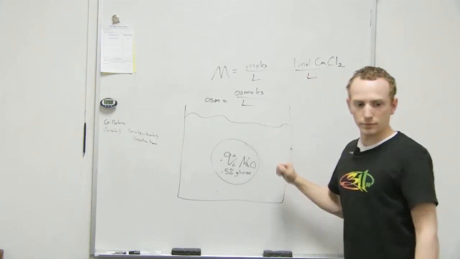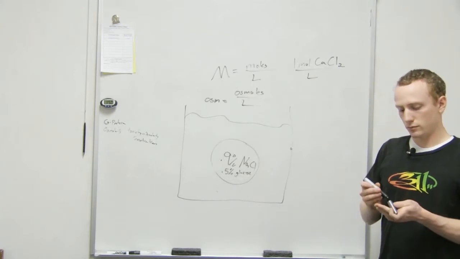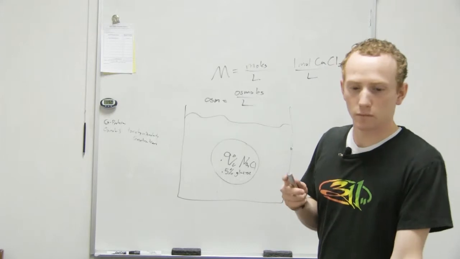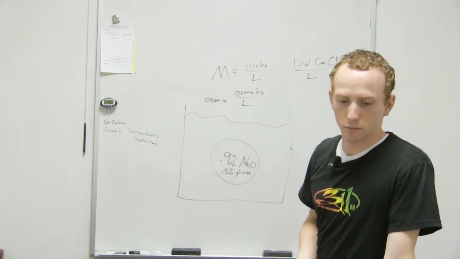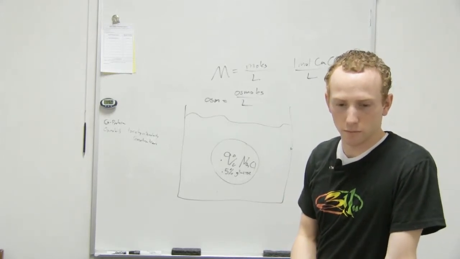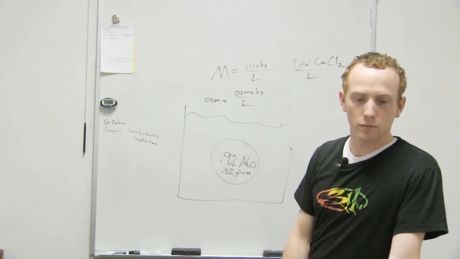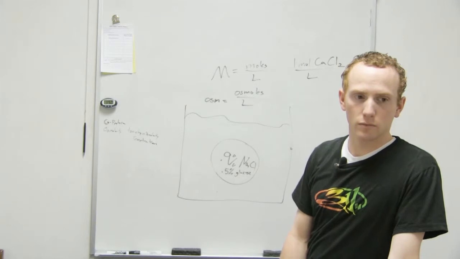Can I explain why I was confused? Because I think that might help you a little bit. In the book it says, even if the types of solute particles are different in two solutions, if one solution has a greater concentration of solute particles and therefore a greater osmotic pressure than another, the first solution is said to be hyperosmotic.